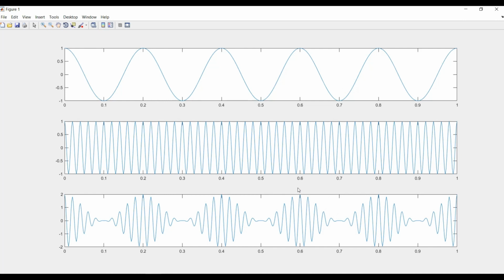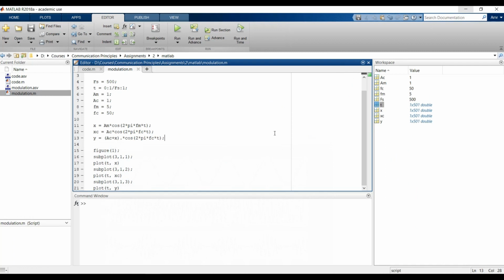Now let's go ahead and try to see the frequencies contributing to this signal. In order to do that, we need to plot the frequency spectrum of this signal, and we can do that with a fast Fourier transform.